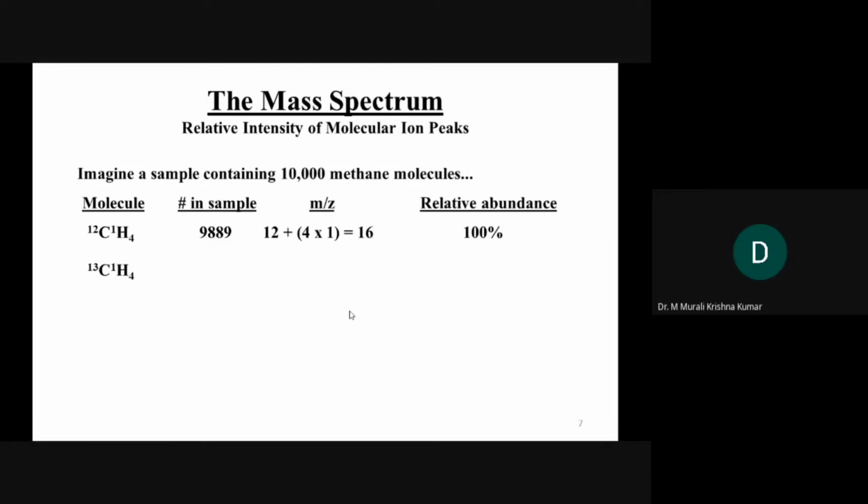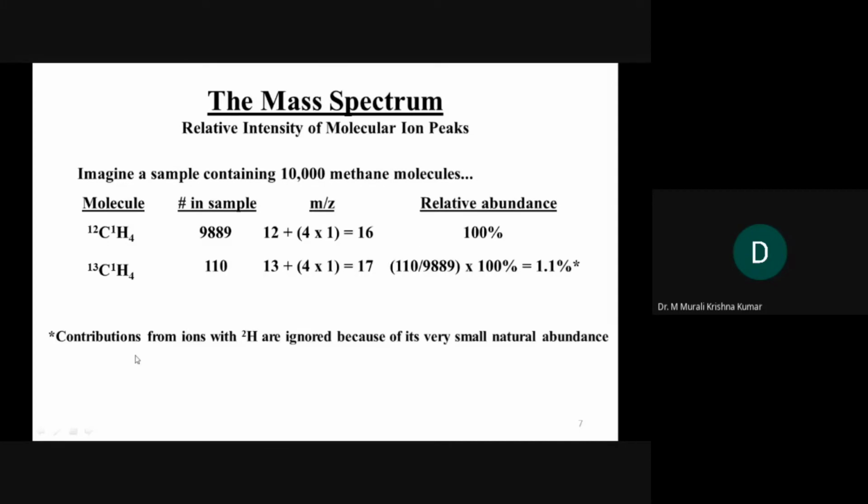And what about 13C? What is the relative abundance? Approximately 1.01 or 1.08 actually, so they rounded it off to 110. So 110 molecules of 13C will be there. 13 plus 4 into 1 is 17. Now its relative abundance is 1.1%.